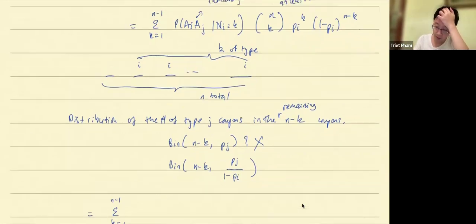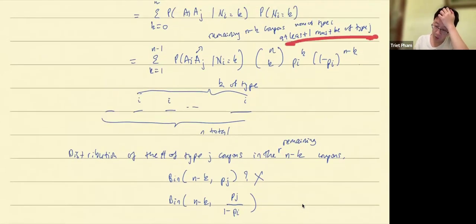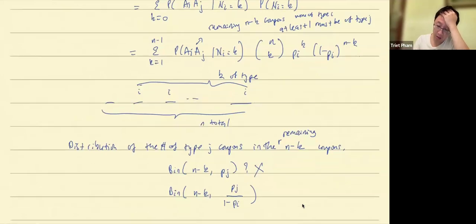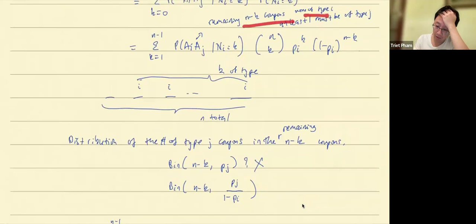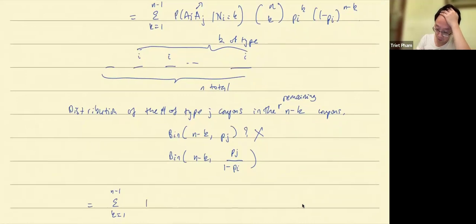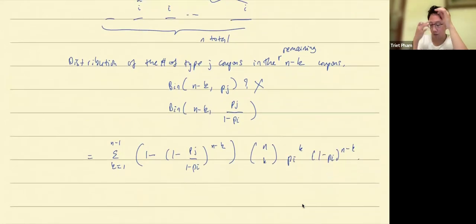We want at least 1, so again we will look at the complement, which is none of the remaining n minus k is of type J, while also not being of type I. So that will be 1 minus, 1 minus Pj over 1 minus Pi raised to the n minus k, multiplying with n choose k, Pi to the k, 1 minus Pi to the n minus k. Okay, so far?